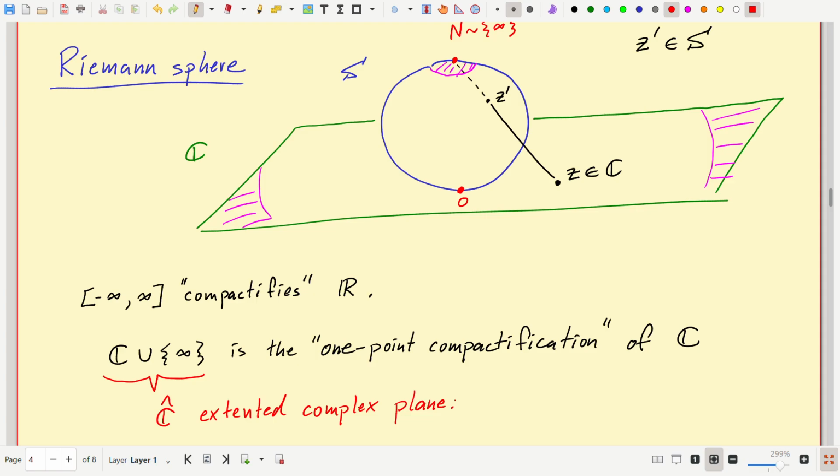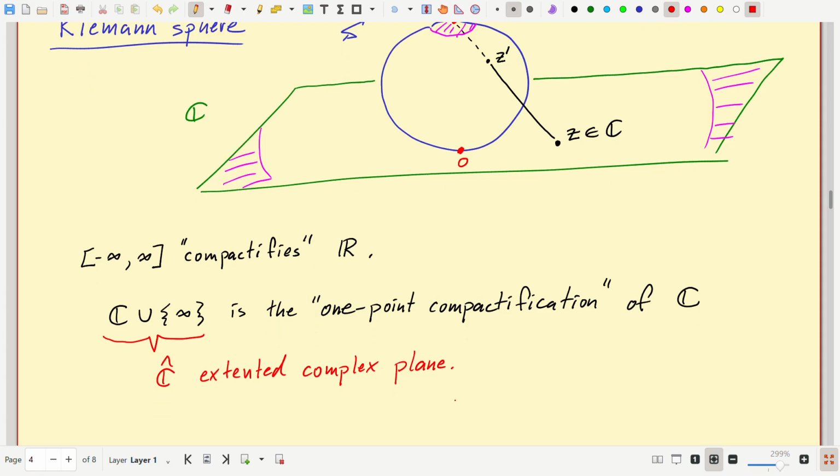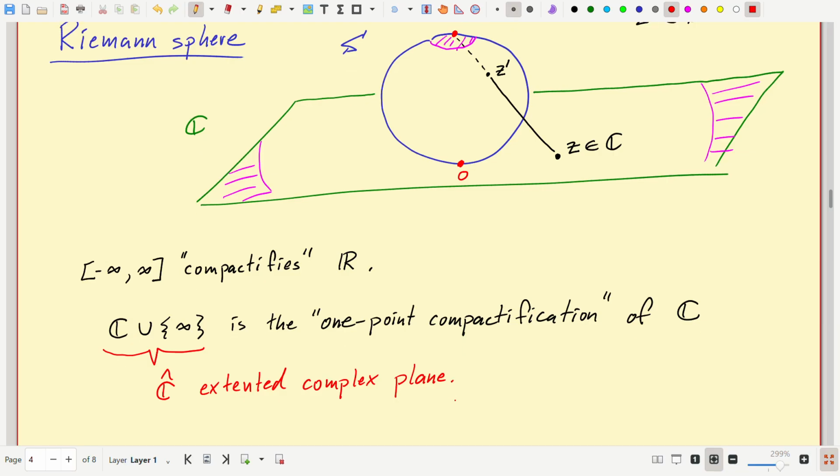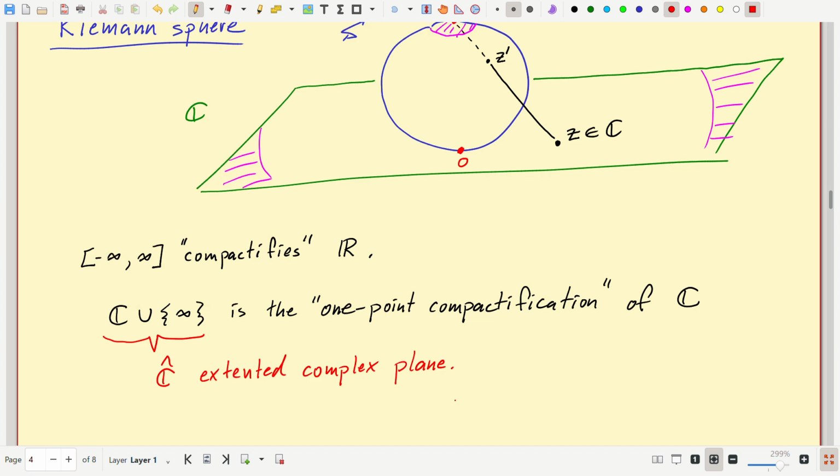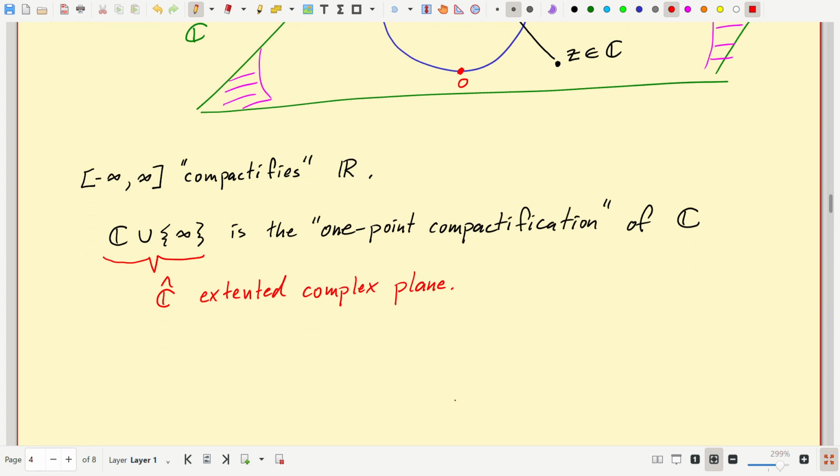You add it in. And if you're going to talk about topology now, that polar cap you think of as a little neighborhood of the North Pole in the sense of topology. In fact, I like to think about it as a disk. This is my notation. A disk of radius epsilon about the point at infinity is that polar cap.